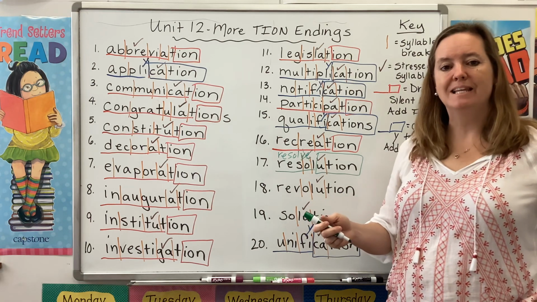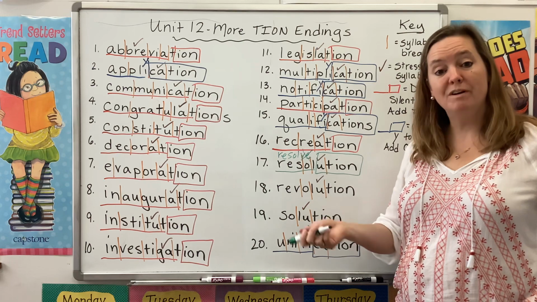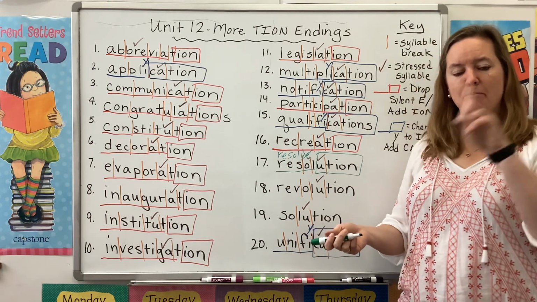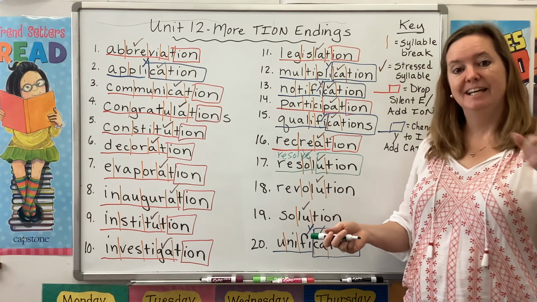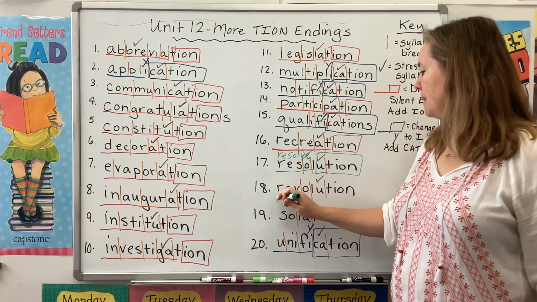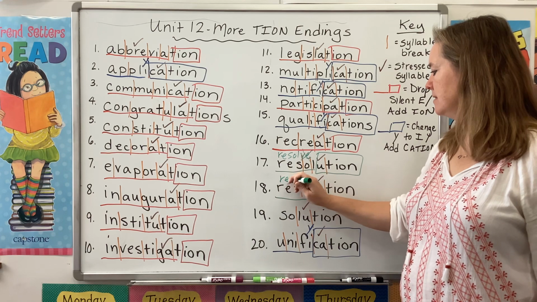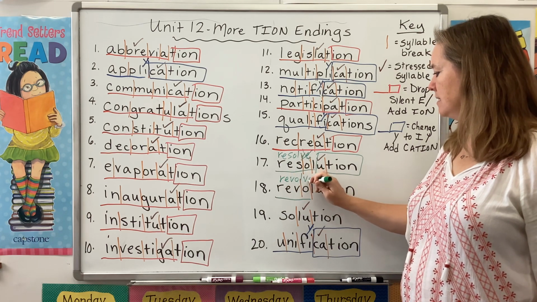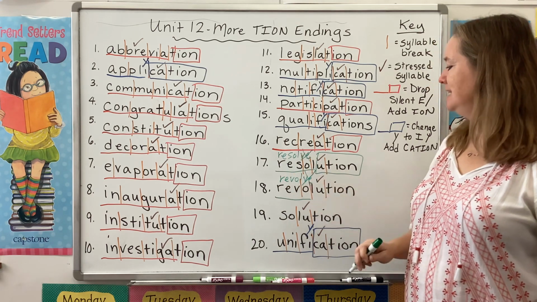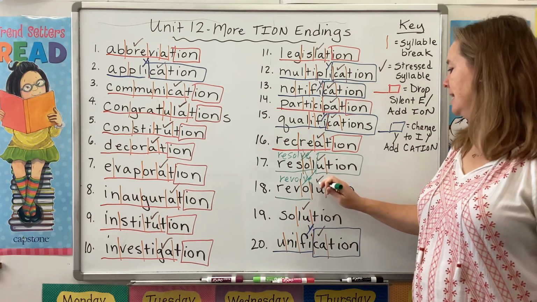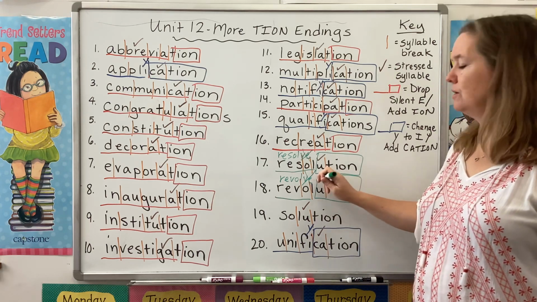What's the word hiding in there? Revolve. Right? If something revolves, it goes in a circle. We take revolve, we cross out that VE, and then we add ushin, right?